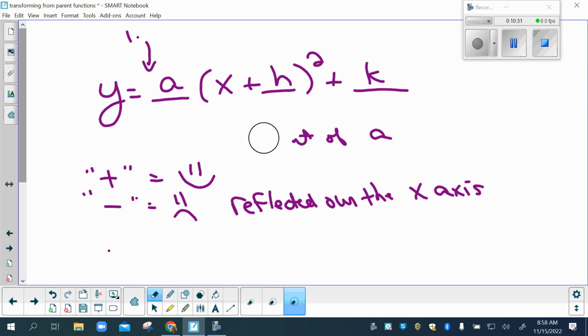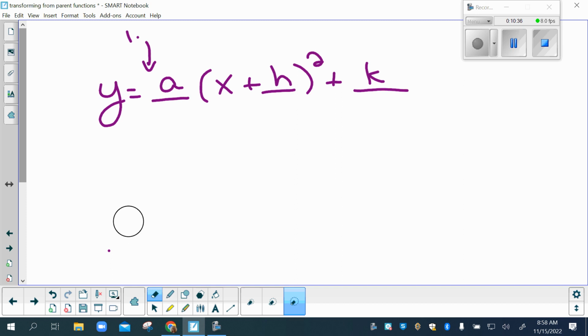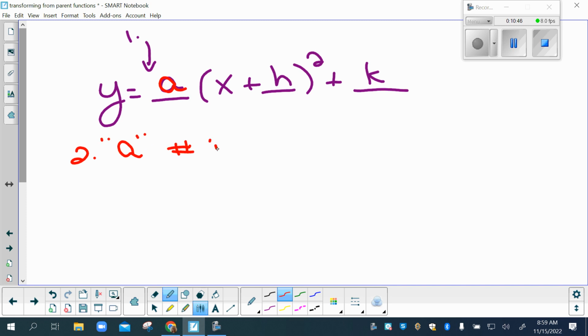So the second thing that we look at is the number in the front, and I am going to write that in red. It's this guy right here. The second thing we talk about is the A itself. That is the number in front of the parentheses. So here's the deal.